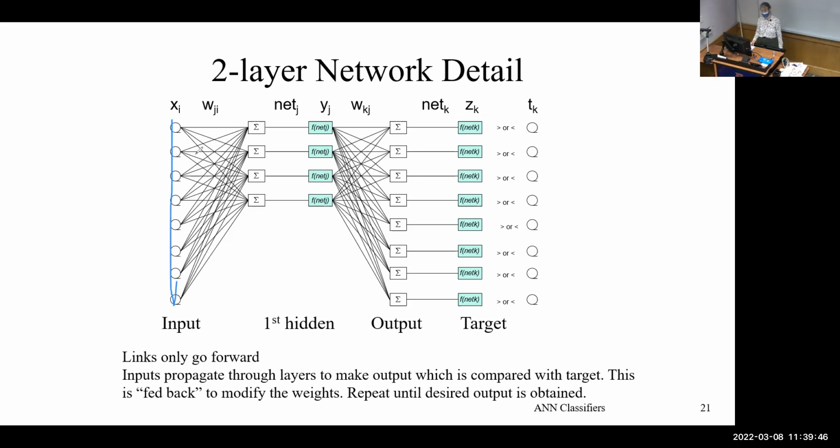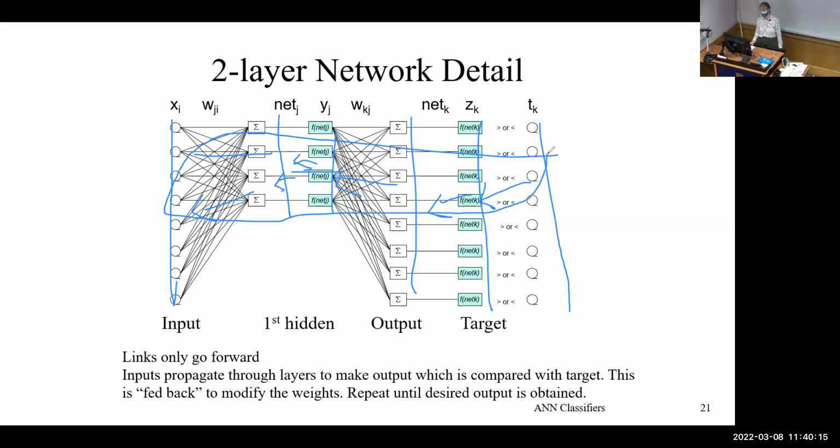Give it your A, calculate your nets, calculate your Y, calculate your nets, calculate your Z. You know your T, you get your difference. Combine your difference with your nets and your weights and your Ys and your nets. You update those weights too. These backwards arrows are called back propagation. The algorithm of back propagation.